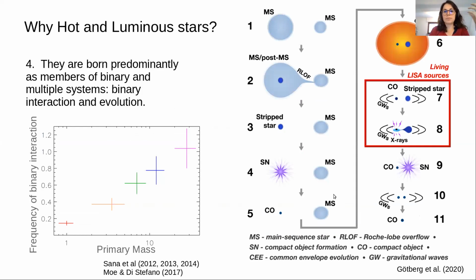I just wanted to briefly show you this figure from a nice paper by Ilya Mandel and collaborators, where they very quickly describe the evolution of massive stars. Massive star binaries are actually living sources of gravitational waves in the disk of the Milky Way and of other galaxies.